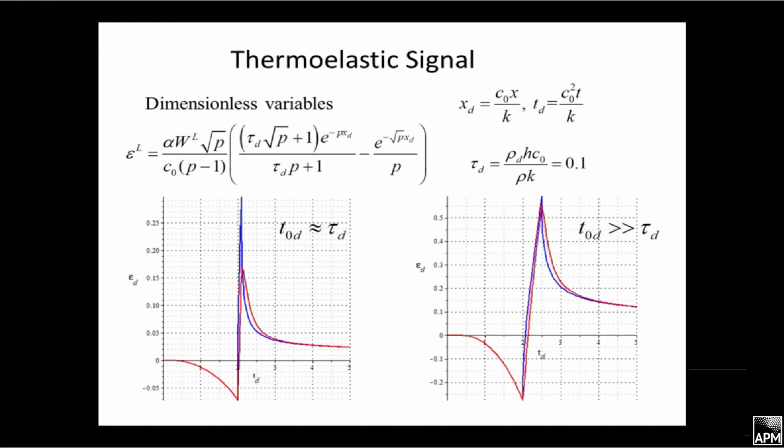Now we go further. This result is good enough when we talk about small distances, near the laser, near the thermal source. But imagine that we want to evaluate the stress and the dynamic response of the material at a large distance.